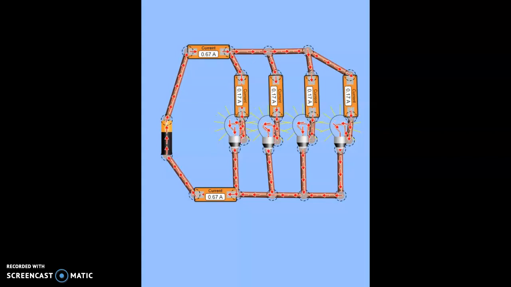Did you see the current change? With 2 ohms, 3. So as the battery gets more and more resistant, the current gets smaller through the trunk, but it's still the same current through each one of these long bulbs because they each still have the same pressure difference, but that pressure difference gets lower when the battery's resistance gets higher.